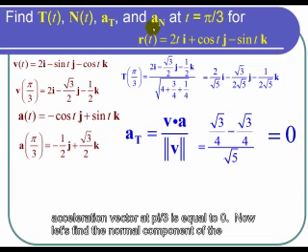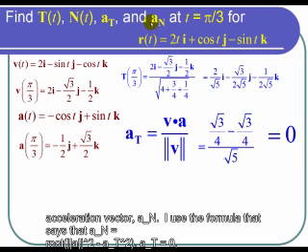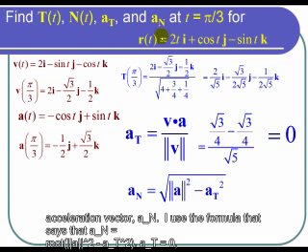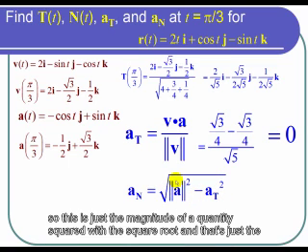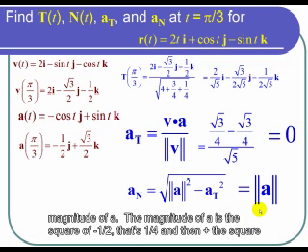So now let's find the normal component of the acceleration vector a sub N. And I use a formula that says that a sub N is equal to the square root of the magnitude of a squared minus a sub T squared. A sub T is just 0, so this is just the magnitude of a quantity squared with the square root, and that's just the magnitude of a.